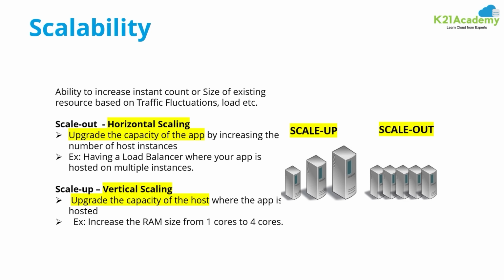But if I want this elasticity to be utilized in my workload, then we call it scalability. It is the ability of my workload to grow in size whenever required, whether growing in size horizontally or vertically, so as to support my operation.